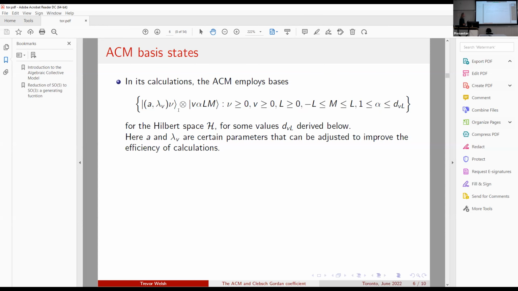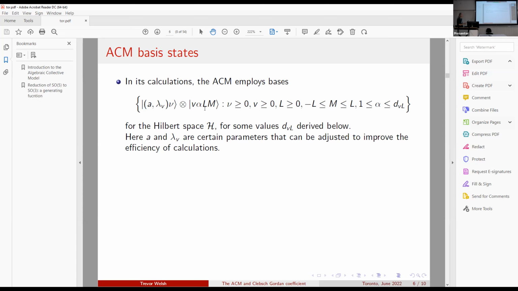And here we have the states corresponding to the SO5 spherical harmonics. These are the ranges for all these indices, and these are all standard. The alpha label, the missing label, ranges between 1 and some value D, which depends on the seniority and the angular momentum. We're going to actually derive these D, V, L below.